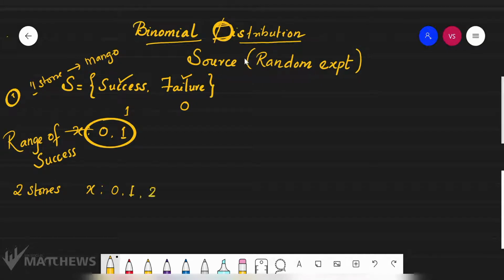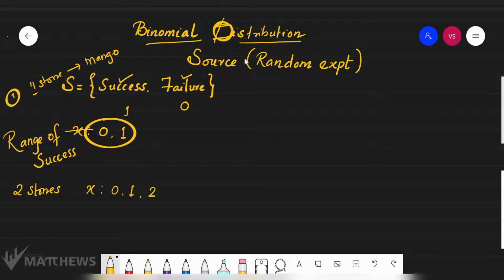Why, sir? Why will it be 0, 1 or 2? Because what does 0 indicate? When you are throwing the two stones, none of the stones might have hit the mango. So 0 indicates no stone hit the mango. 1 indicates that one of the stones might have hit the mango.